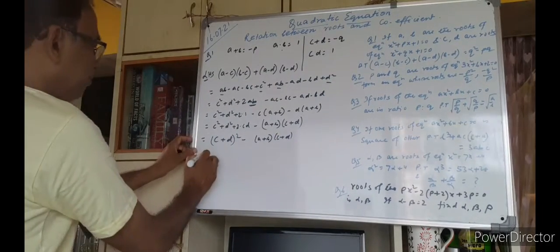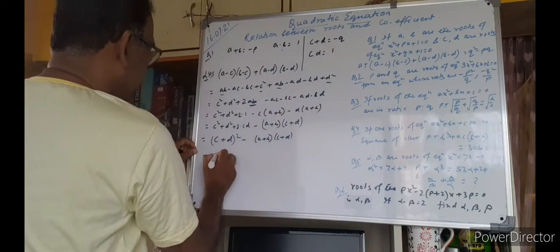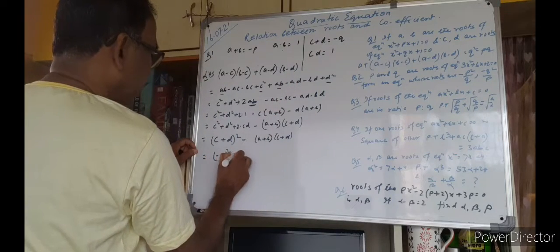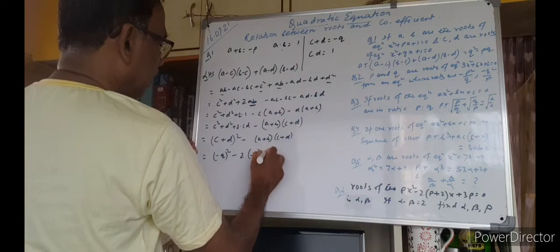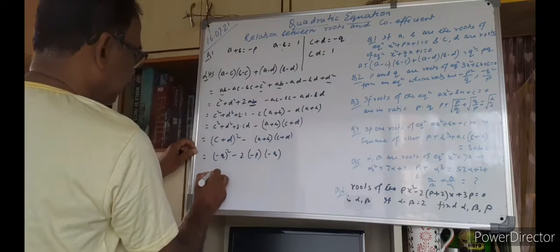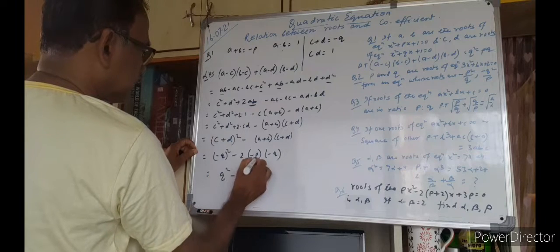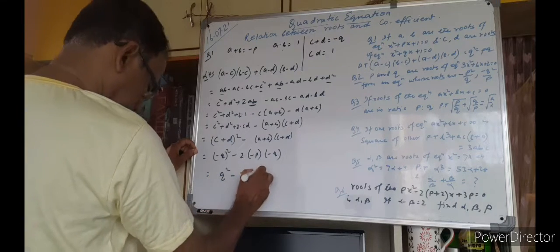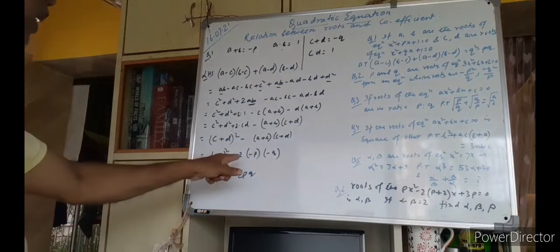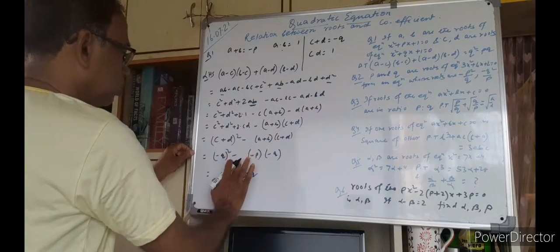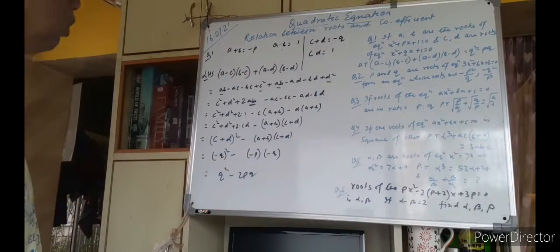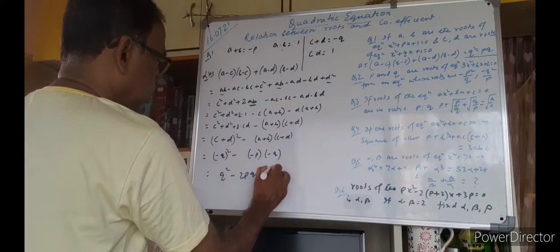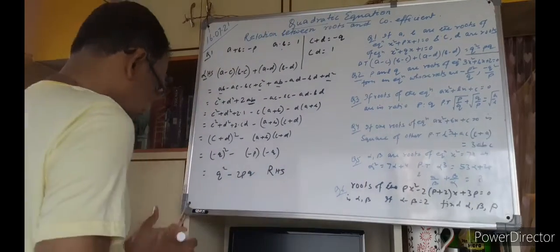Now c plus d is minus q, so minus q whole squared, minus 2 cd, and a plus b is minus p, and c plus d is minus q, so that is q squared minus pq. We have proved the right hand side, q squared minus pq.